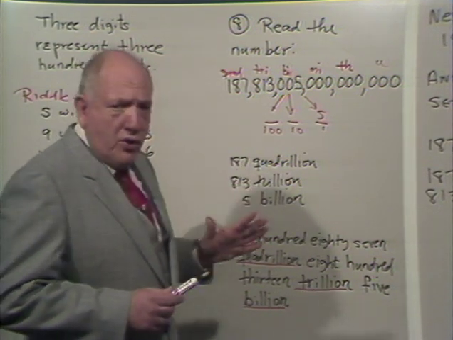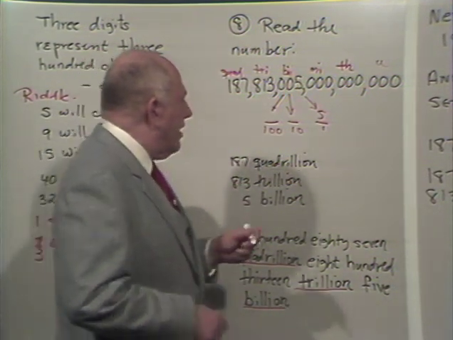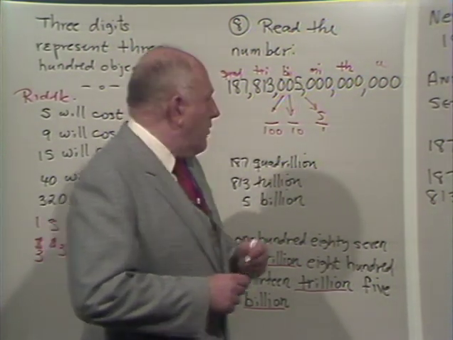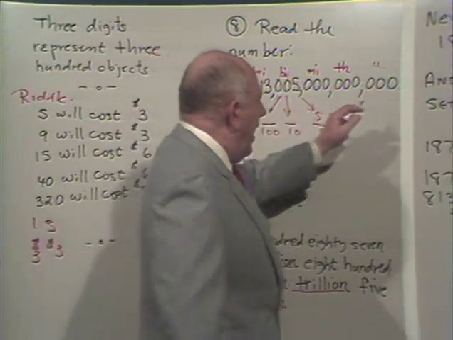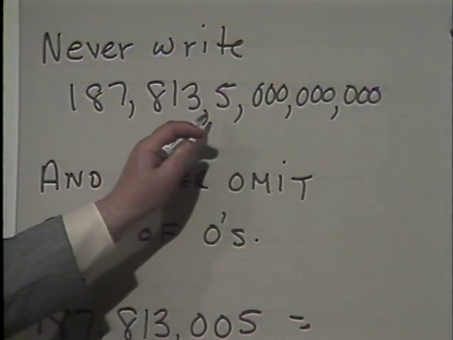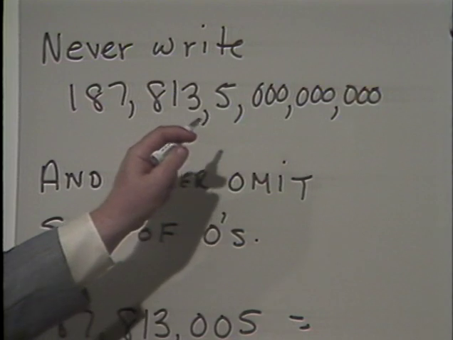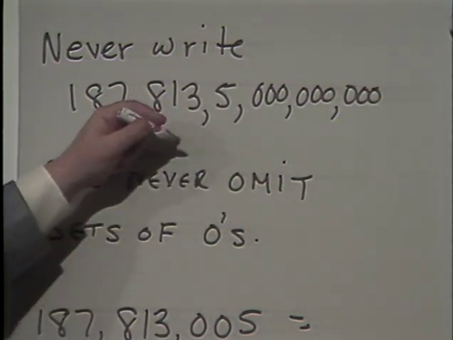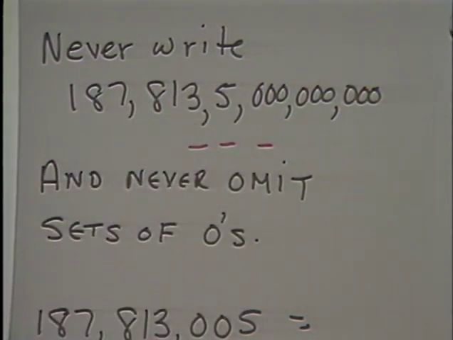And let me make a few comments on that. The important thing is I always have to have 3 digits between commas. For example, I have to write this. I will never write this. Well, I just wrote it here, so obviously I'll write it. What I mean is you don't write things like this, because remember, there are supposed to be 3 places between commas.